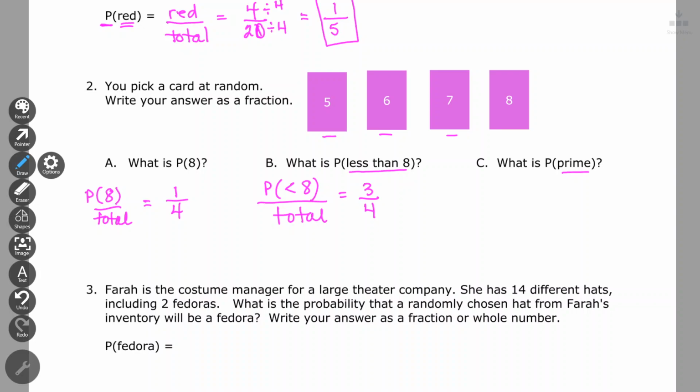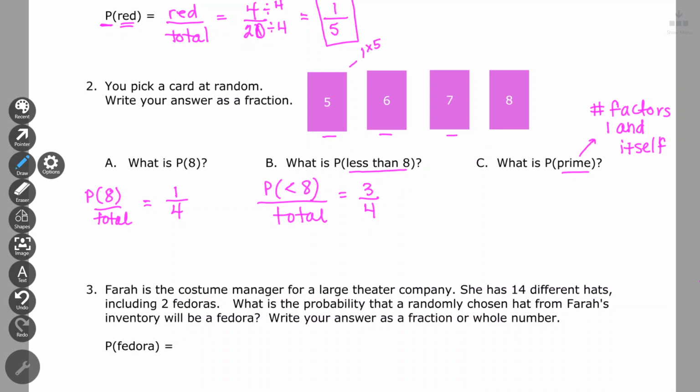Well, first of all, we have to remember what a prime number is. A prime number is a number that has factors of 1 and itself. So let's think of factors of each of these numbers. The factors of 5 are 1 times 5.